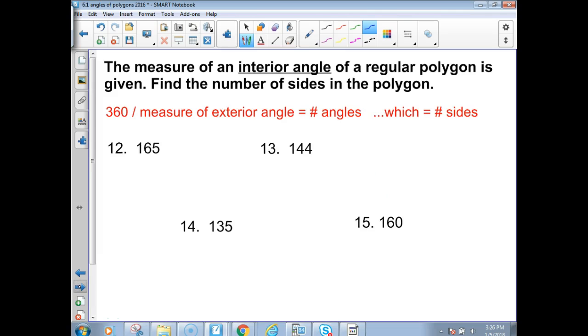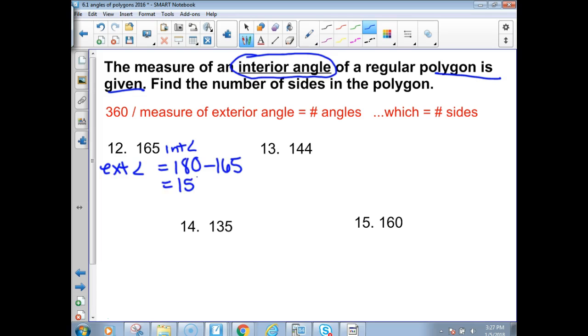Ready? Oh, no, it says that the measure of an interior angle is given. Find the number of sides. Okay, first, this is an interior angle. So the exterior angle would equal 180 minus 165, which is 15 degrees.